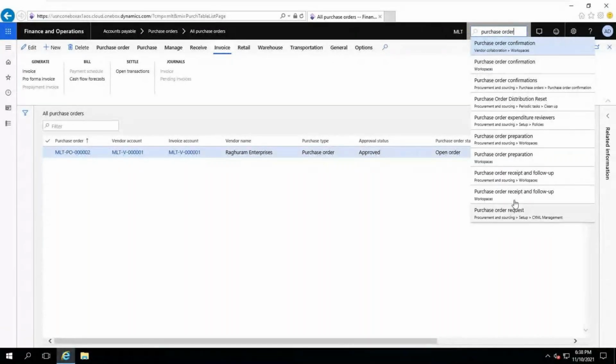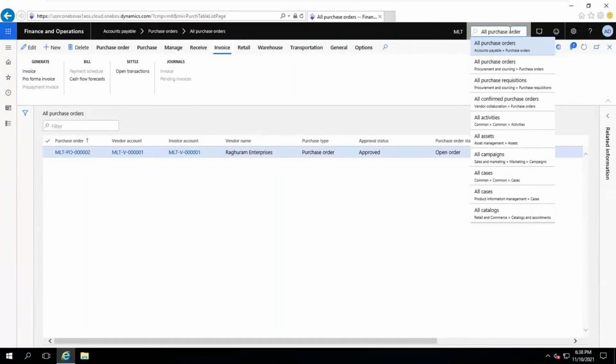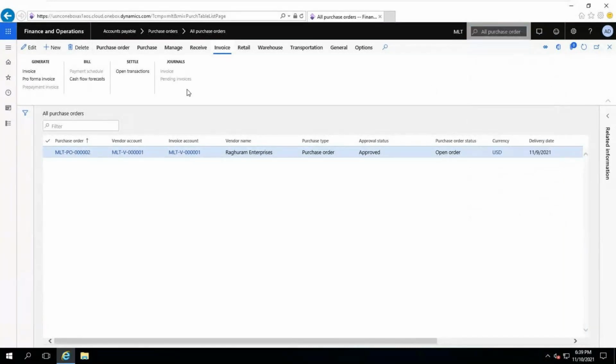Because why I'm telling this: if you are habituated to this one, you will not understand the path. Try to use the menu only. In search it will open quickly, but you will not understand from where you are opening.